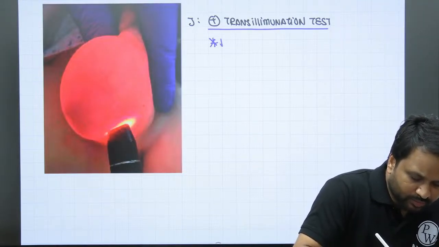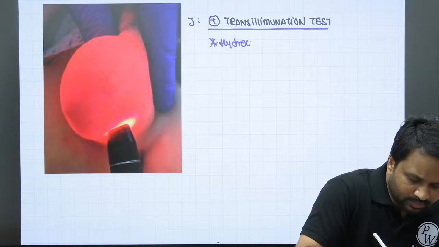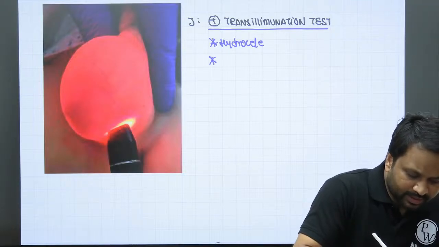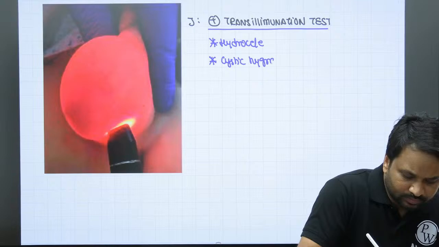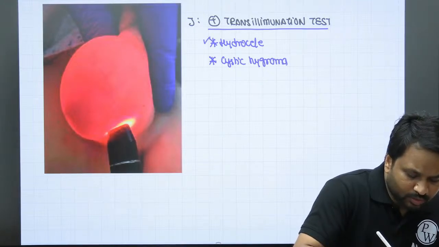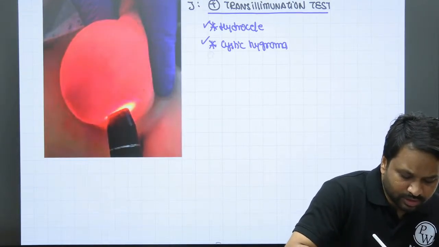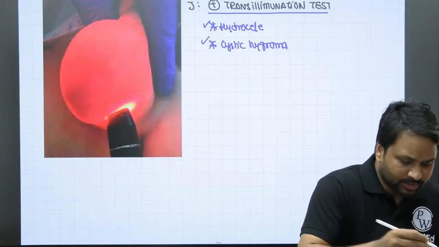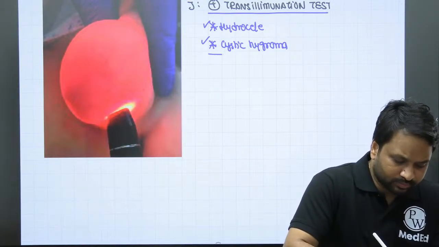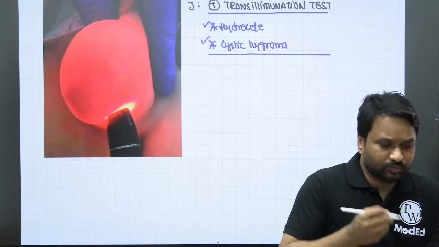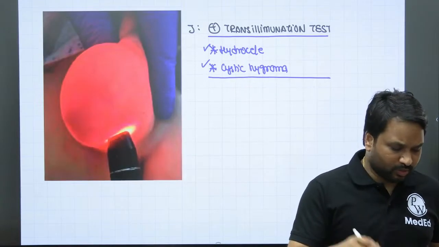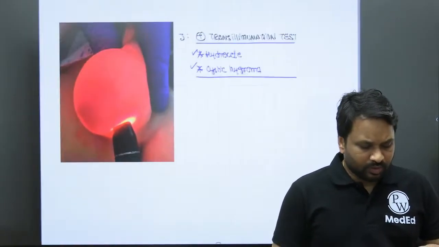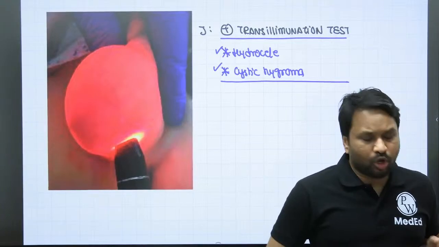One, it is going to be in hydrocele. Second, it is going to be in cystic hygroma. Two sites where I'll say positive transillumination is possible: one is the hydrocele, another one is cystic hygroma. So this is about all the common swellings.